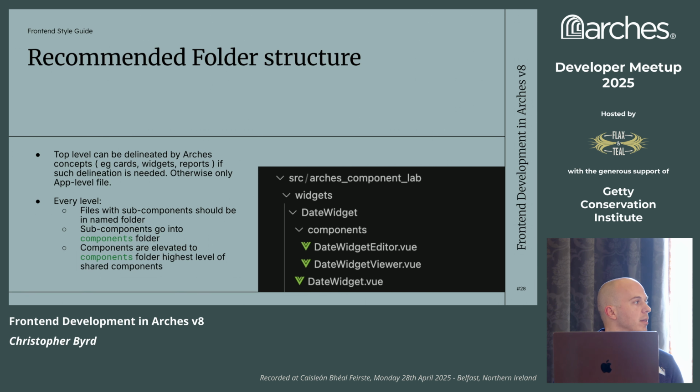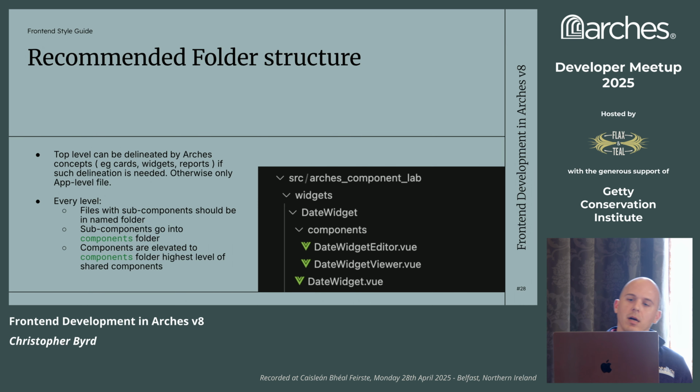Just have a top level component. But at every level, files with subcomponent names should be in a named folder. Subcomponents go into the components folder, and shared components are elevated to the highest level of their ancestors, the things that are using them, right?